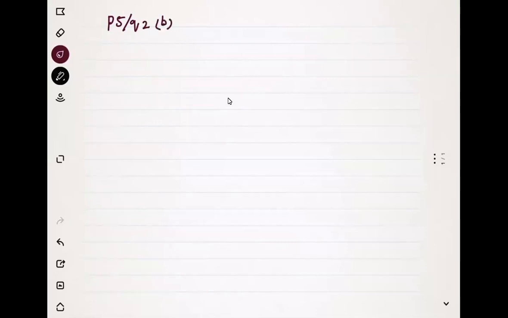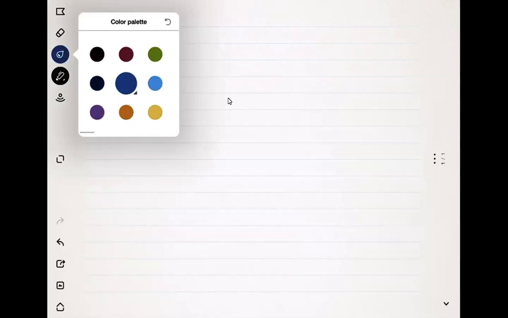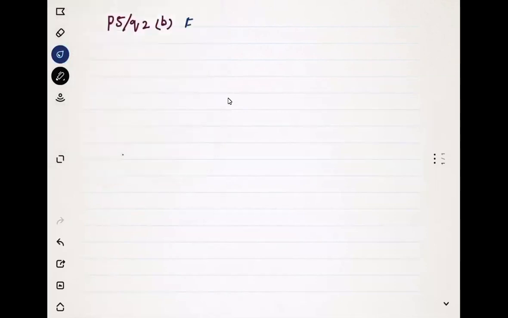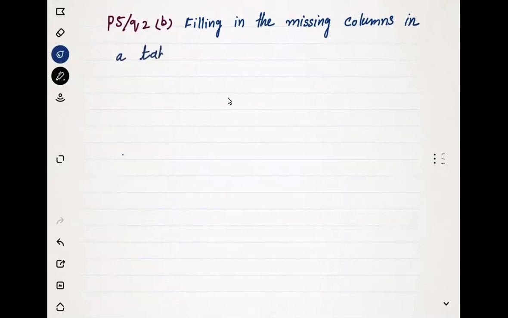This B part is about filling in the missing columns in a table.